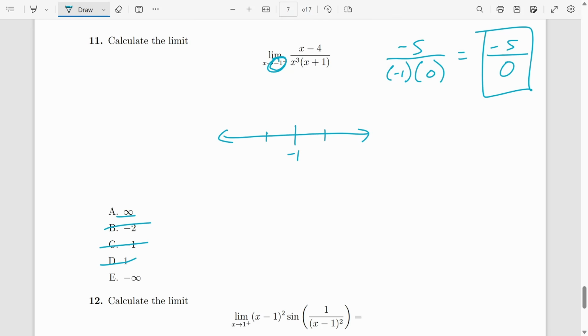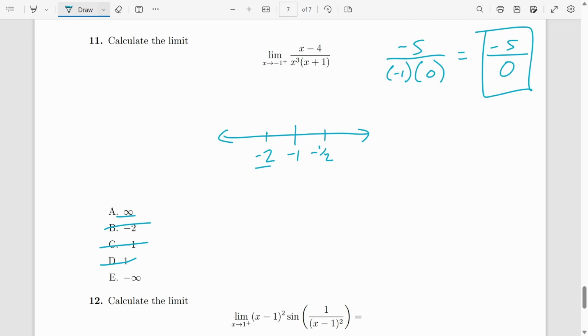Like we'd probably want to do -2 and 0. Actually, we probably shouldn't do that because we're going to plug these two numbers into this, and if we plug in 0, we'd get dividing by 0 again. We should do something like -1/2. That's closer to -1. So let's see what happens when we plug in -2 and -1/2 into the limit.